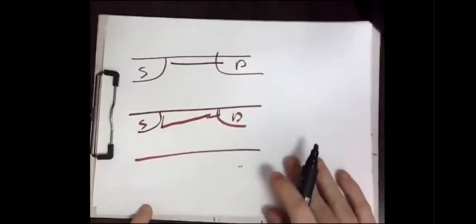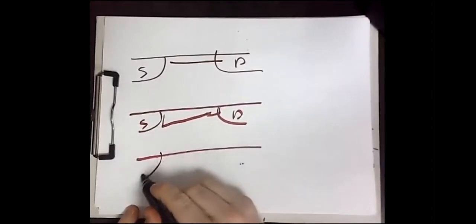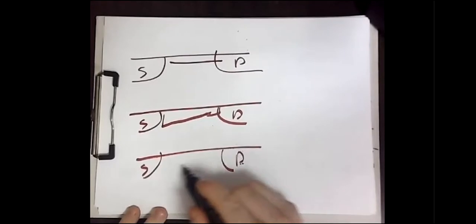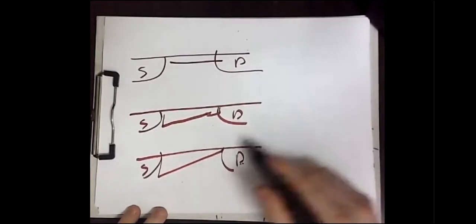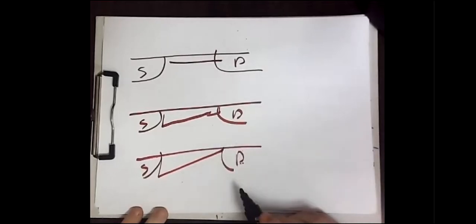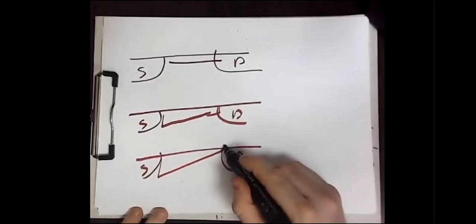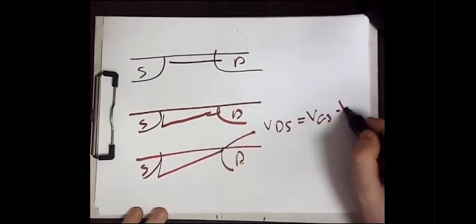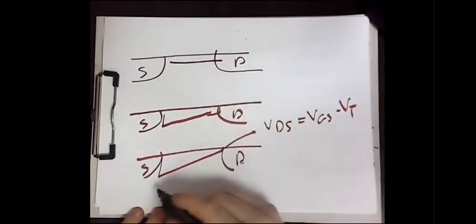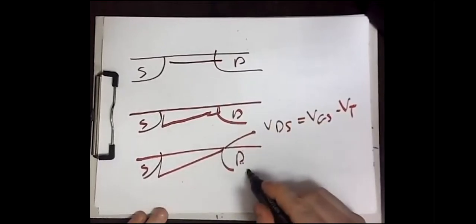Then the channel will have something like that. If you increase your voltage greater than the built potential, the VDS sat, here VDS equals VGS minus V threshold. If you increase more than that, then you will have something like that.